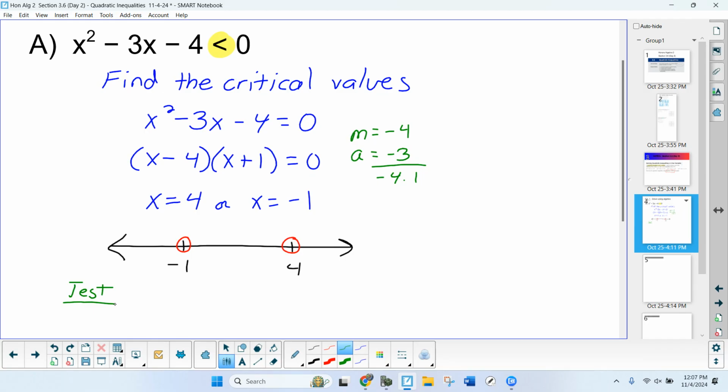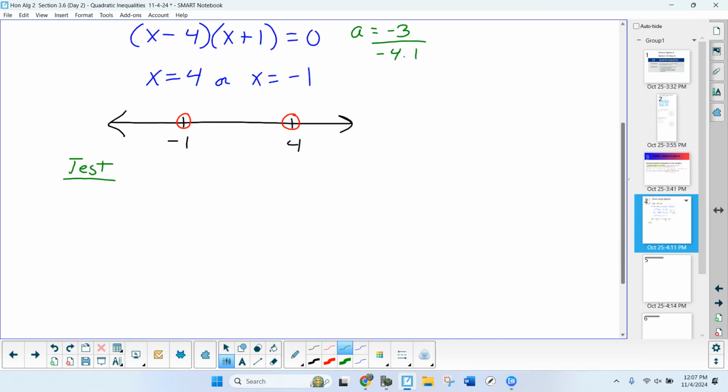So what is a number that we could test that is left of -1? -2. What is a great number to use between -1 and 4? 0. Wherever 0 is, use it. And what's a number we could use that is bigger than 4? Yeah, I would use 5. I'd use good numbers.